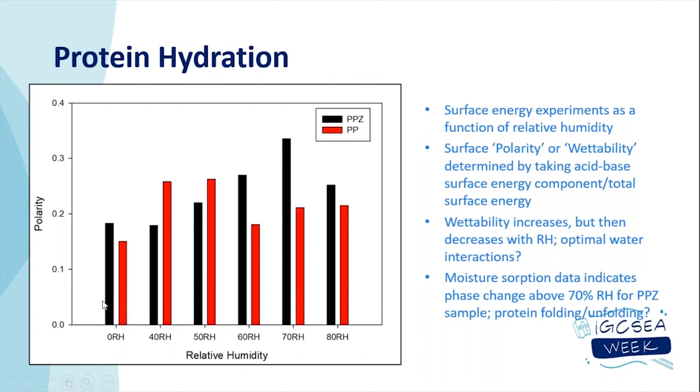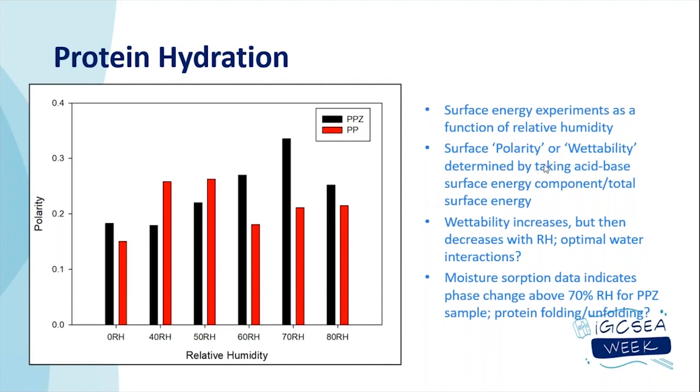And again, as is important with most biological materials, water can play a massive role in how they behave. So we wanted to look at this as a function of relative humidity as well. We took a single value, I believe at 0.05 surface coverage, and looked at the relative polarity, which is when we take the acid-base contribution divided by the total contribution to surface energy, and that gives an indication of surface polarity or surface wettability.